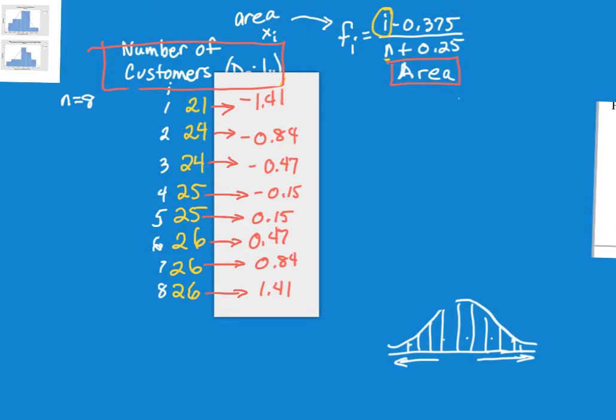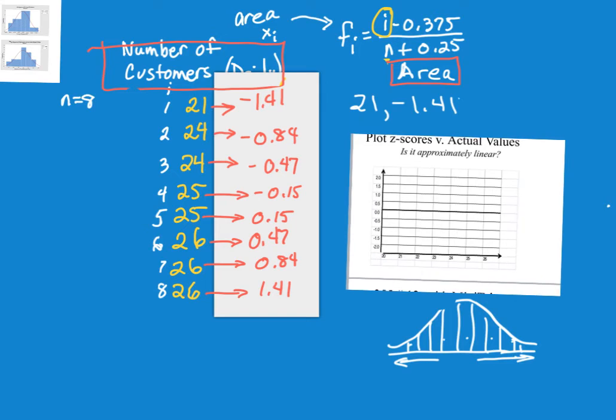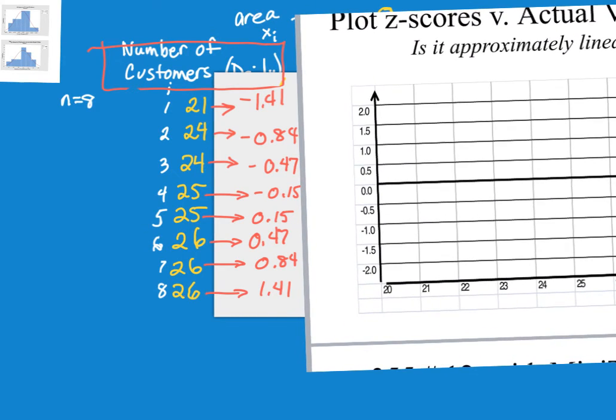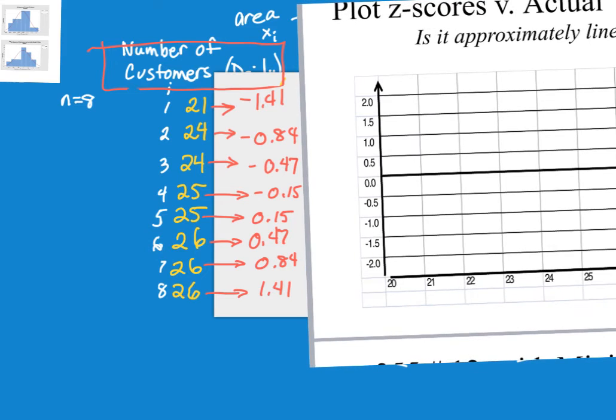Because what we have is an ordered pair in each case. For instance, the first ordered pair would be 21 and negative 1.41. So could we graph that? Yes, and we are going to. Okay, let's graph what we have of ordered pairs here. Here's my graph. Now, I'm going to graph 21 and negative 1.41.